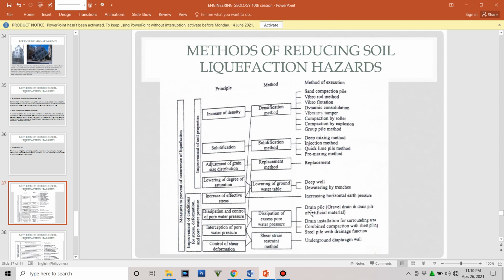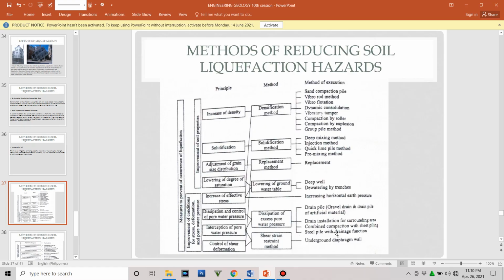So puro drain yan, no? Drain piles, gravel drain, and drain pile or artificial material. Why gravel? Kasi nga yung gravel, malalaki yan. So malalaki rin ng pore water dyan. Dyan gustong dumaan ng water. Okay? So water can flow easily or percolate or permeate sandy or gravelly soils. So we also have the drain installation for the surrounding area.